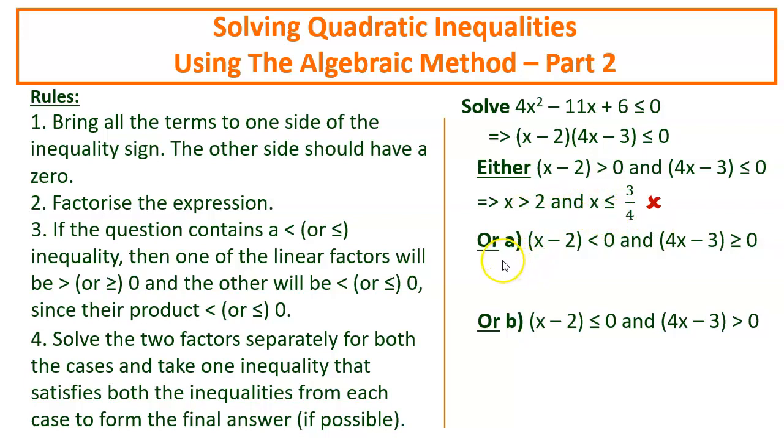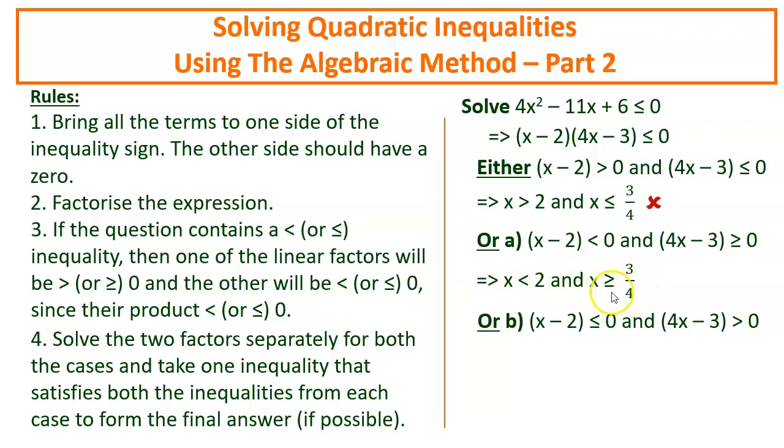So we come to the or subpart. Subpart A, x minus 2 is less than 0, that means x is less than 2, and this one gives us x is greater than or equal to 3 over 4. Now from these two inequalities, x is greater than or equal to 3 over 4, but x is less than 2. Can you think of any number which may be the value of x and which will be greater than or equal to 3 over 4 but will be less than 2?